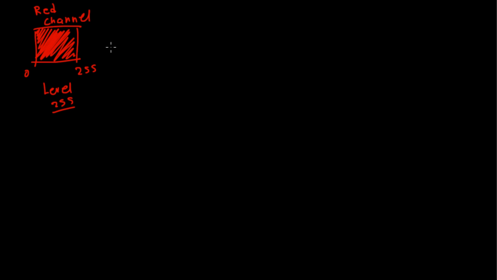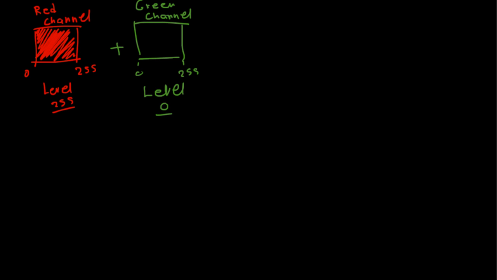Now let's add some green color. In order to make purple, the color that we're looking to make, we don't need any green color. So the green channel would be empty, or the green bucket would be empty if you were a kid. So that is 0 and that is 255. So you get a level that has the value of 0.